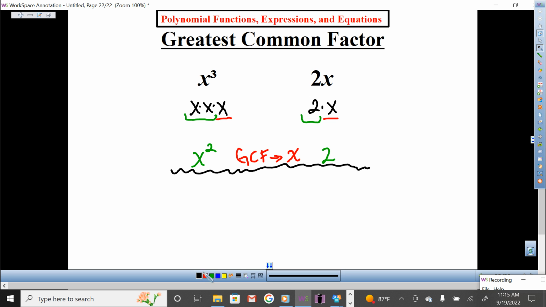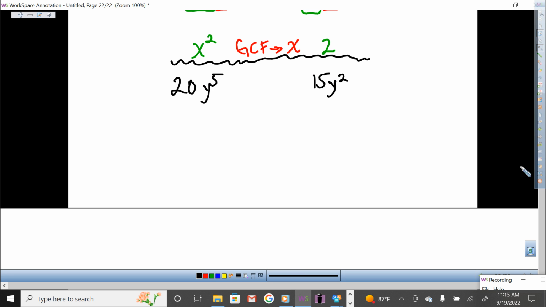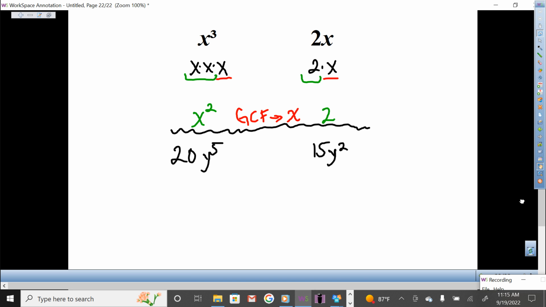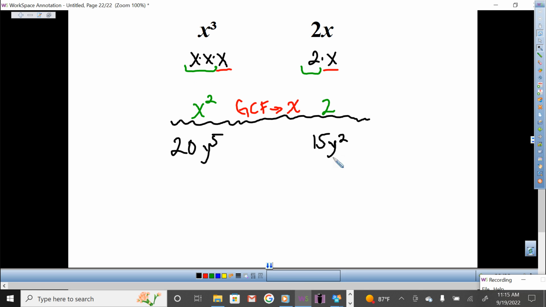Let's do 20y to the 5th and 15y to the, give me a number, 2. All right, here goes the mechanics. Ready? First thing you're going to ask is, what is the GCF of 20 and 15?